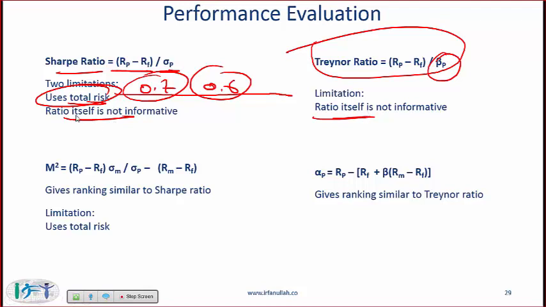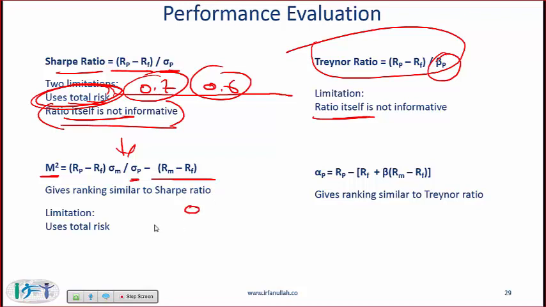So here is another measure called the M squared measure, which gives you a number, and you need to remember this formula. It's the return on portfolio minus risk-free, times standard deviation of market over standard deviation of portfolio, minus the market risk premium. So this gives you a number that has meaning.